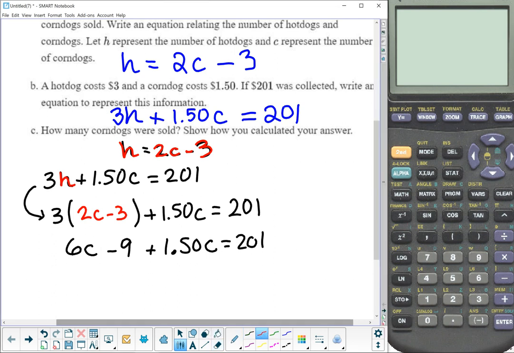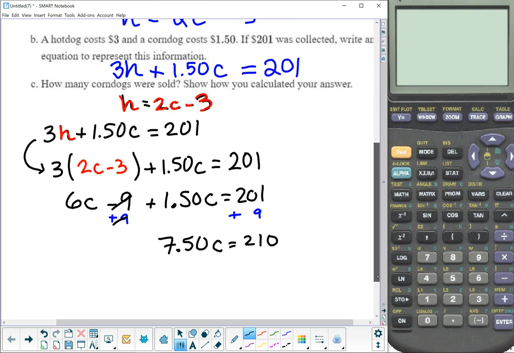So I'm going to go ahead and add 9 to both sides. So that would mean I would get 210 on this side. 6C plus 1.5C, I don't need the calculator for that, that's going to be 7.50C.